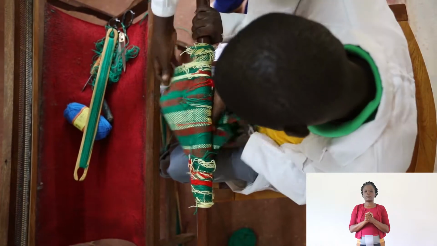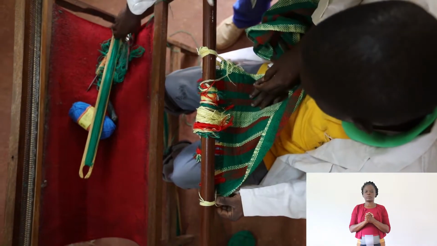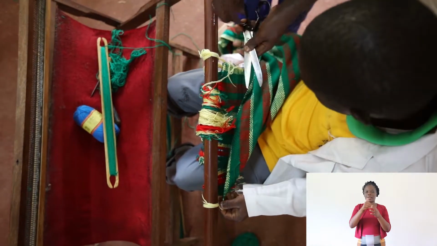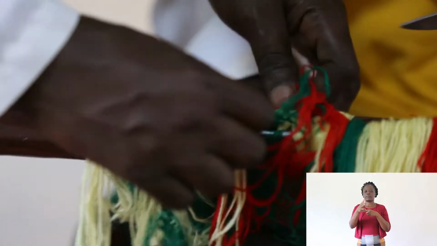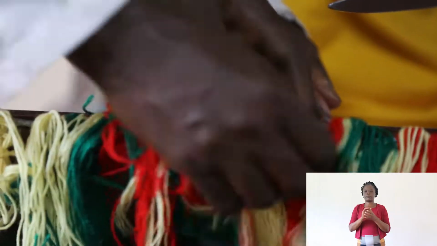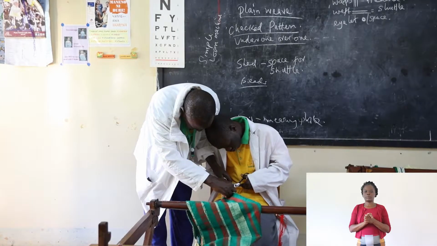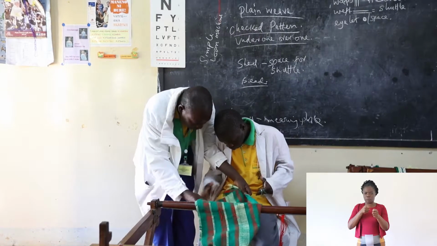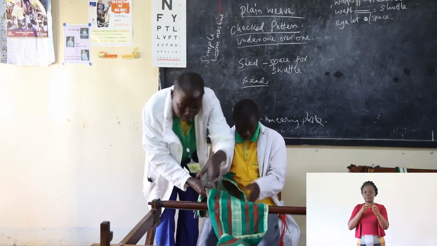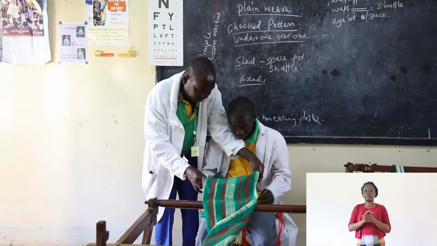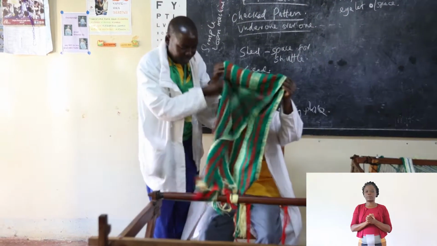You roll it until it is now out. So cut. You cut again the other side. Cut again this side. Good. Cut here. Again. Yes. Now pull it this way. Now put it this way.